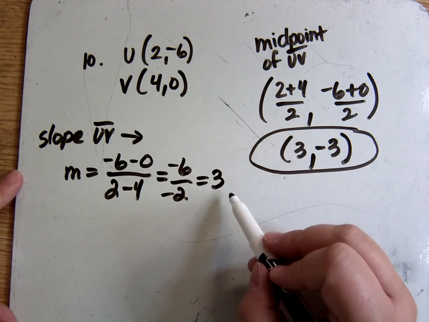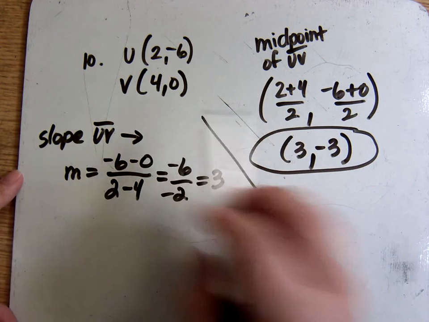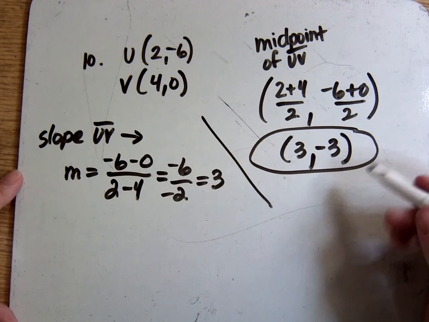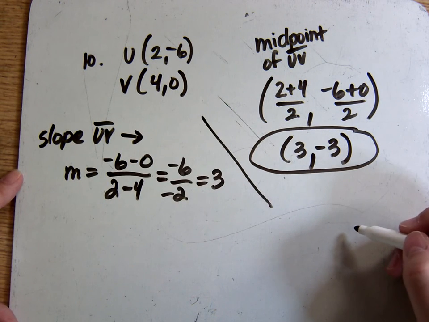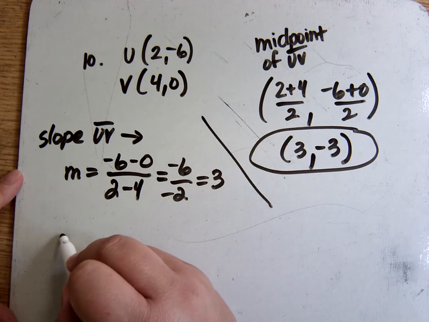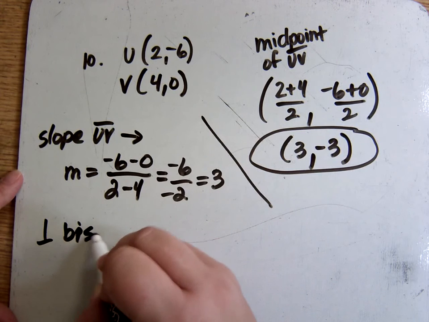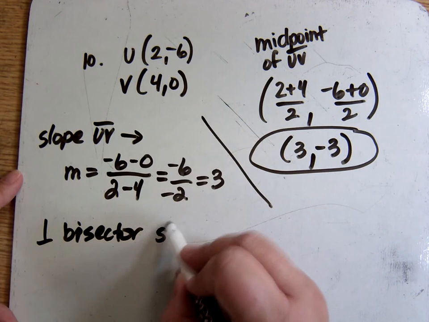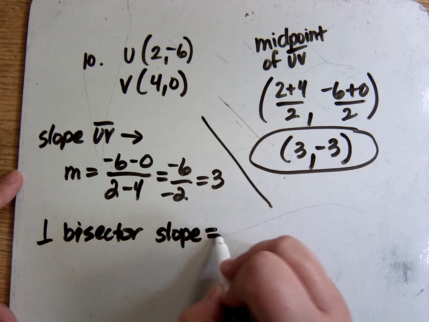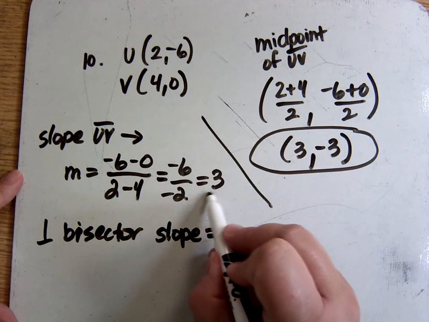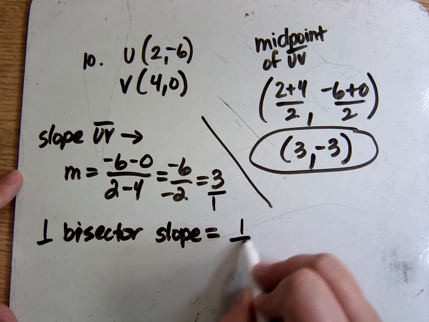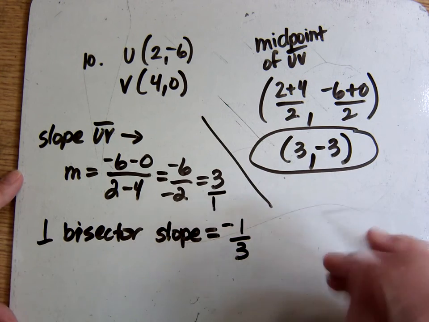Now that's not the slope of the line I need, that's the slope of UV. We're looking for a line that goes through UV and is perpendicular to it, so our line has to have a slope that is the reciprocal of this. This is 3 over 1, so reciprocal would be 1 over 3, and the opposite sign.